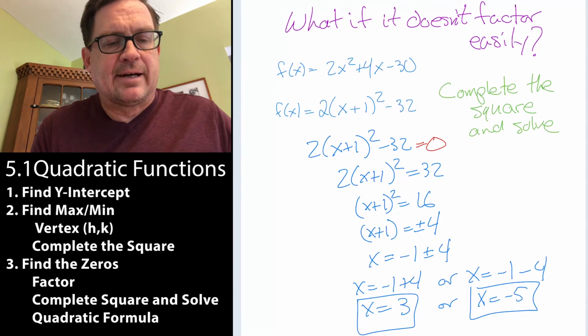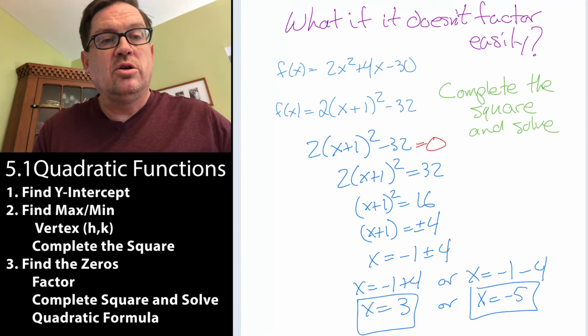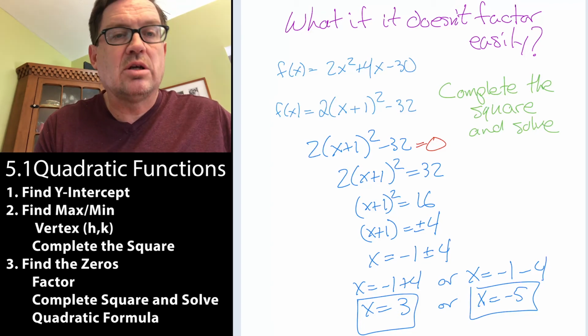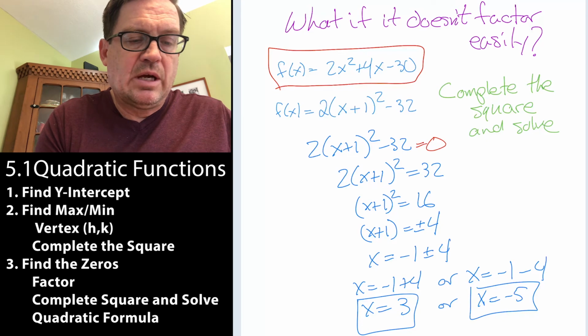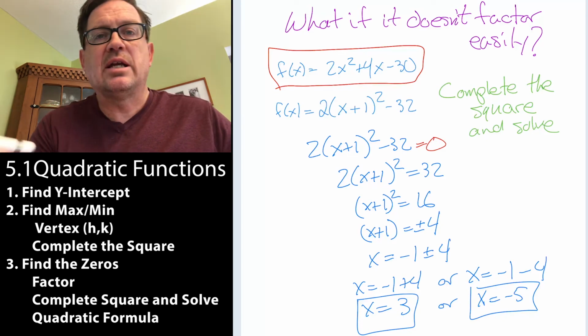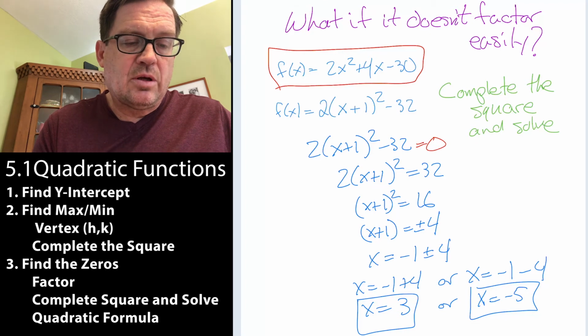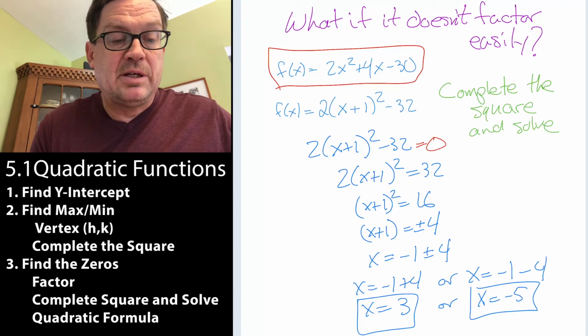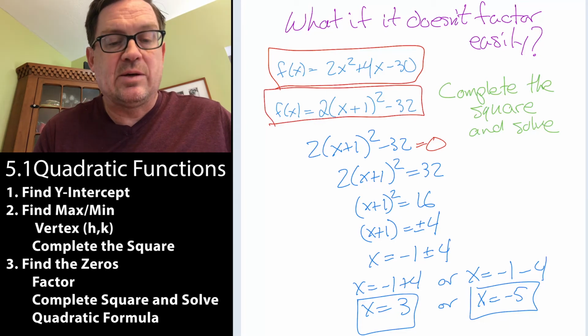So what if it doesn't factor, or if you just don't want to factor? One thing you can do is change it into completing the square form. We've already completed the square for our equation and showed that it was in this form. If it's in that form, we can set it equal to 0 and solve it easily.